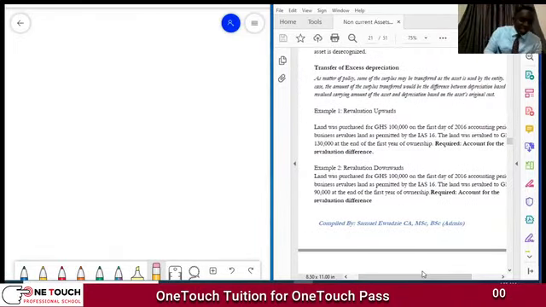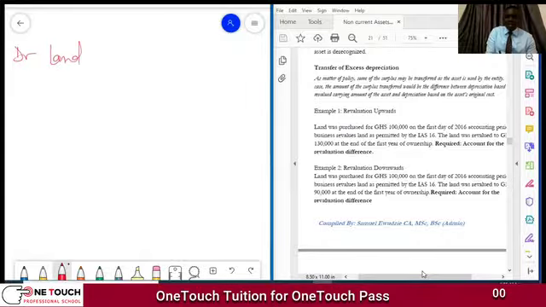So since there has been an increase in the value of the asset, what we do is that we debit land 30,000, and we credit revaluation surplus, or let me say revaluation reserve.